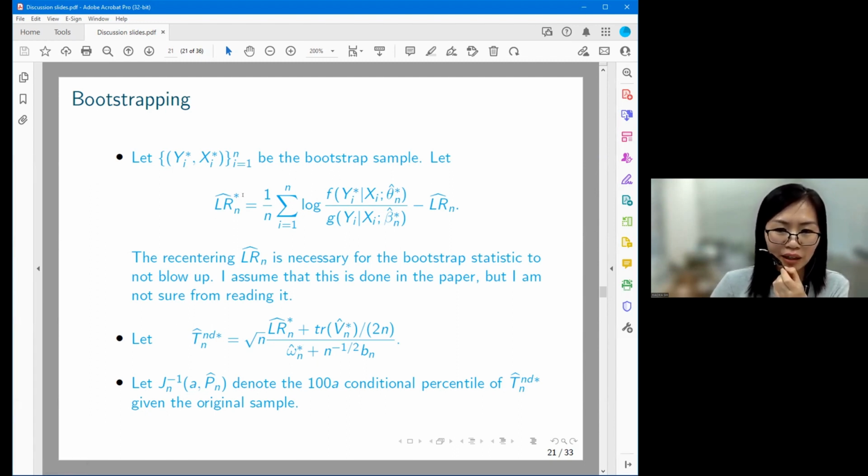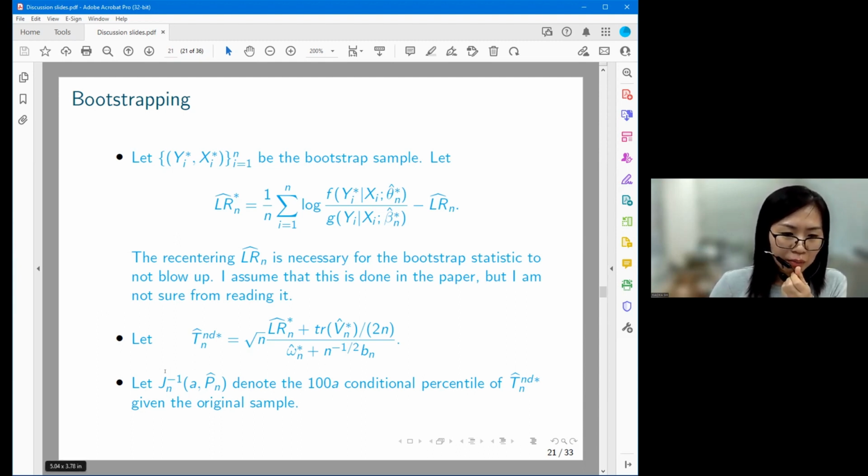And then you get this LRn hat star, and then you get the bootstrap version of the V and the bootstrap version of the omega, the variance estimator, and then just form the bootstrap version of the non-degenerate test statistic.